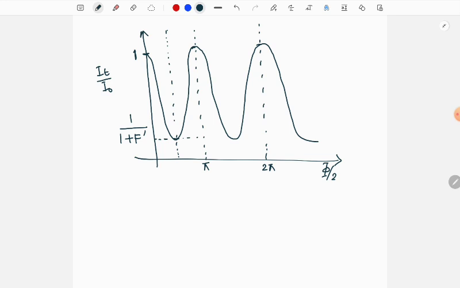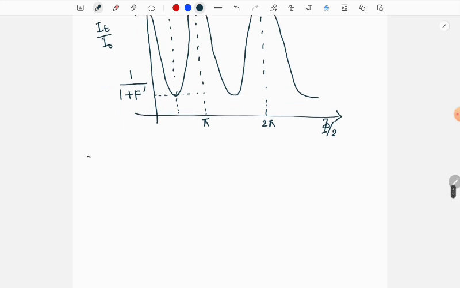Fine. So what one can point out once again from this is that we have maxima.